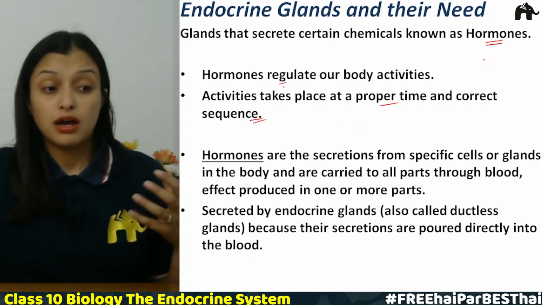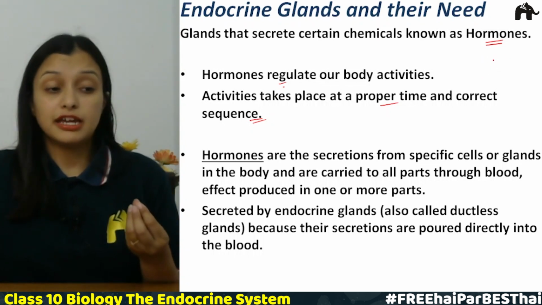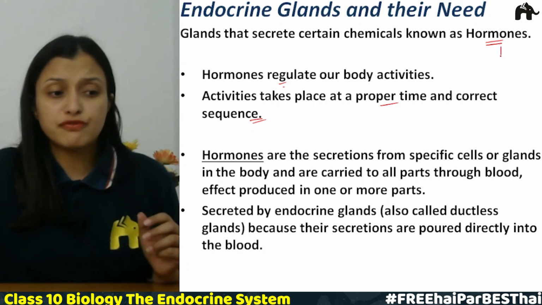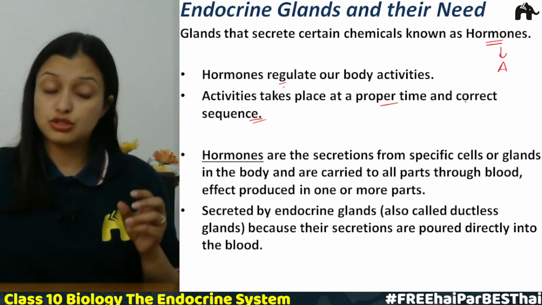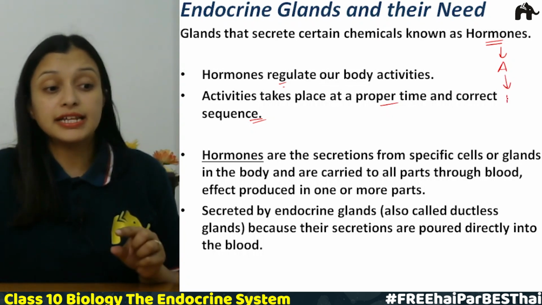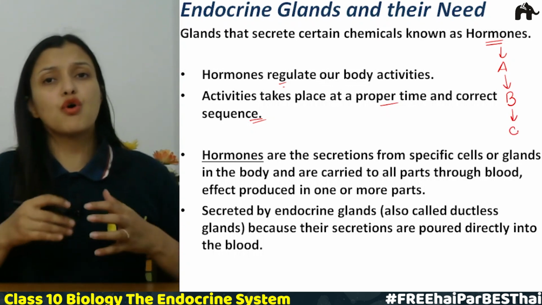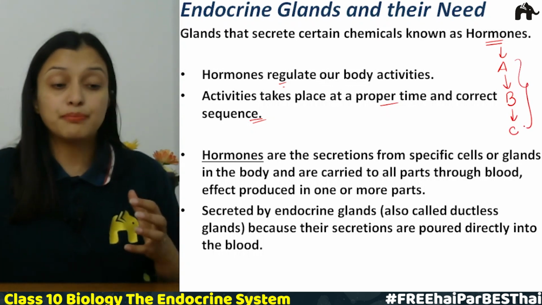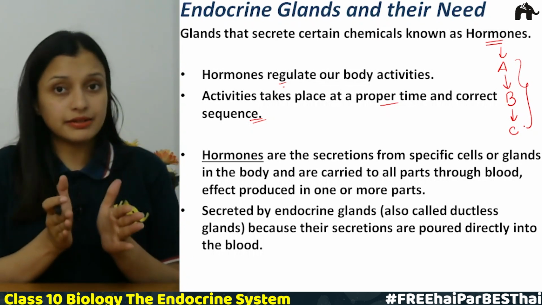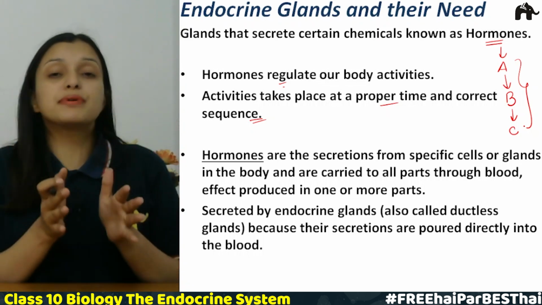Say we are talking about blood sugar level, if our body has to regulate this blood sugar level, first we need hormone A, so only hormone A will be secreted first, and after that it will lead to the secretion of hormone B, and then hormone C. This is just an example to tell you that these hormones are secreted at the right time, in the right amount, and in a proper sequence.